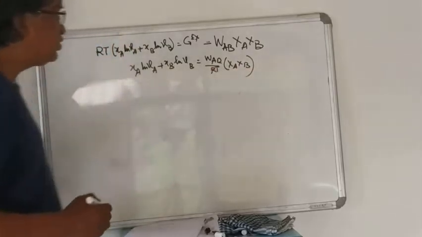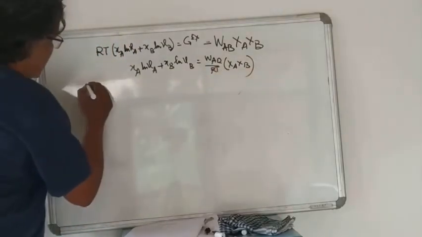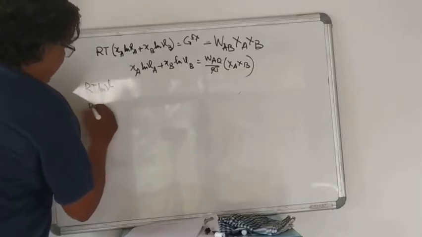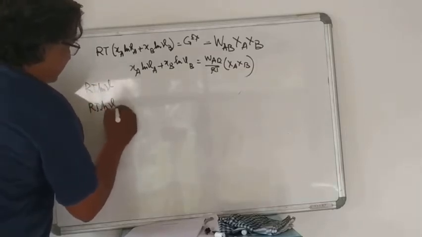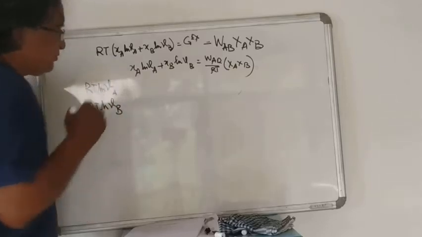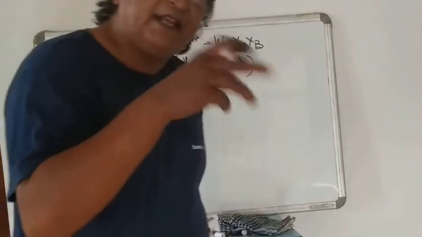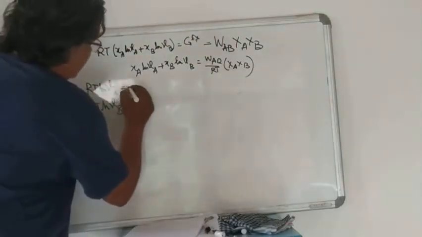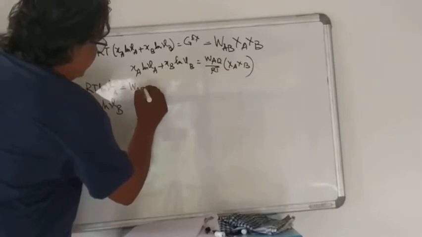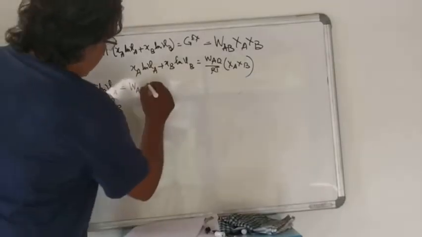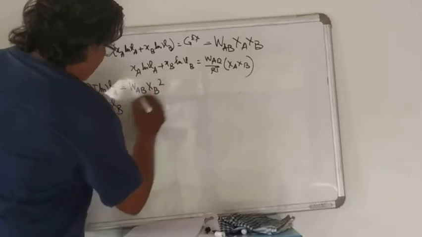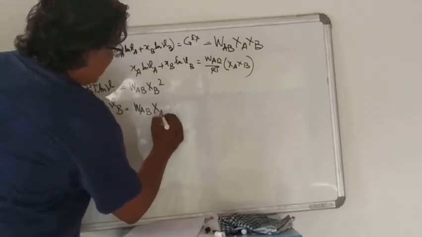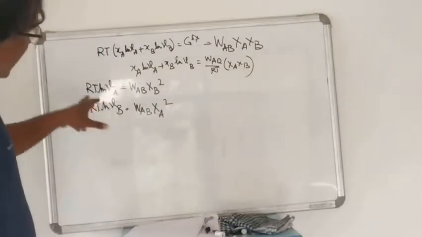This equation is solved to find out RT ln gamma A and RT ln gamma B. I derived these expressions, and they come out to be WAB XB squared and WAB XA squared, for the 2 end members.